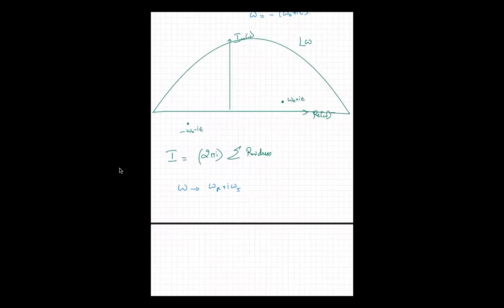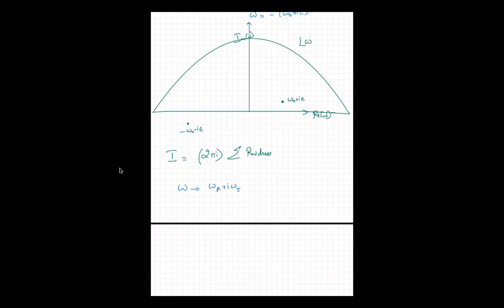This is of course a terrible drawing. This is right at the center. Now the radius of the semicircle is of course some r, which is also an infinite radius.